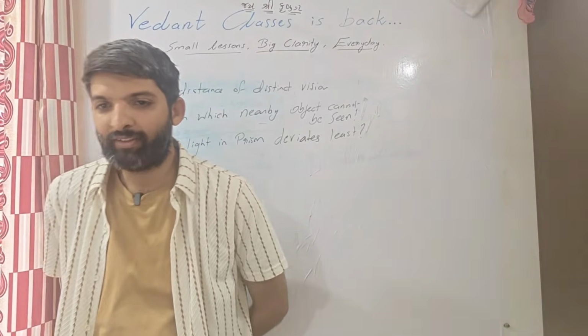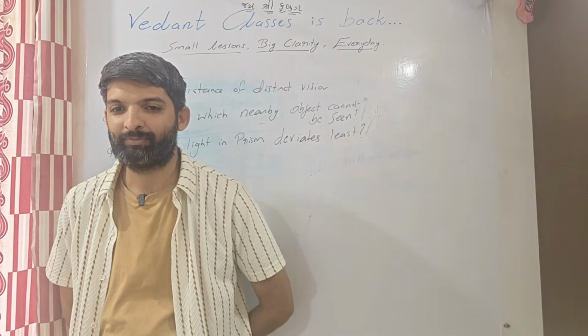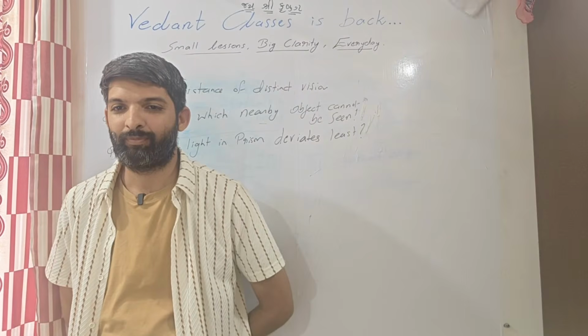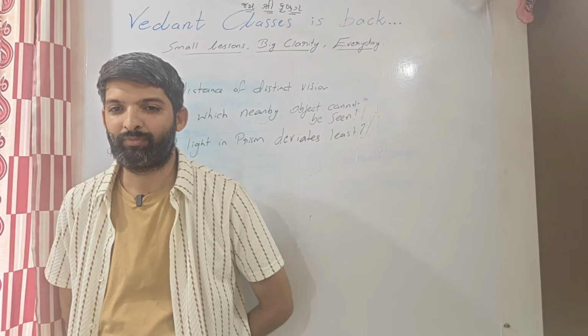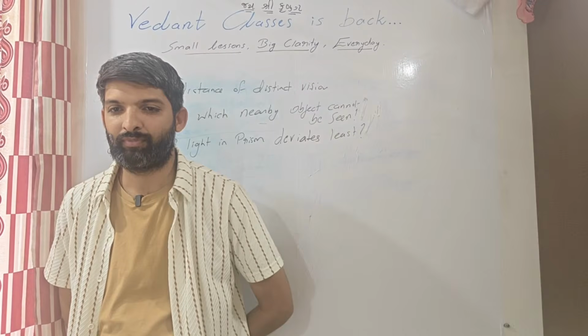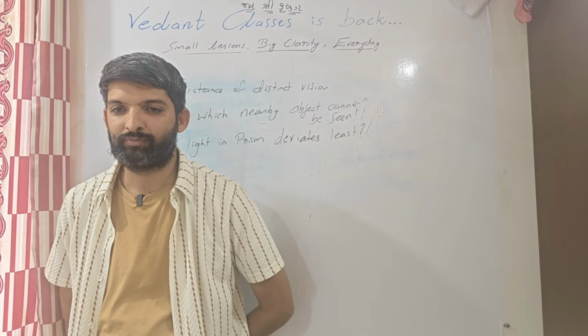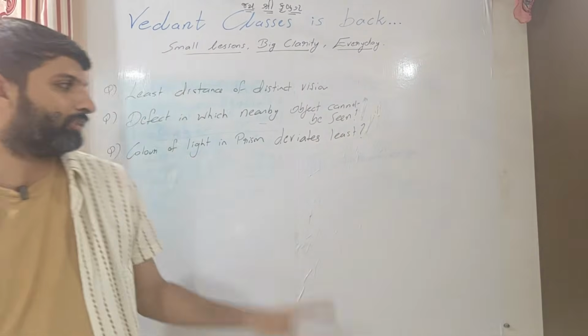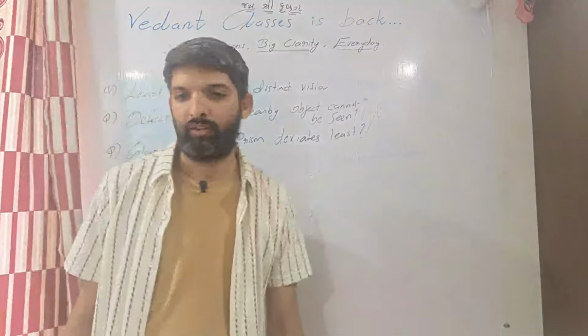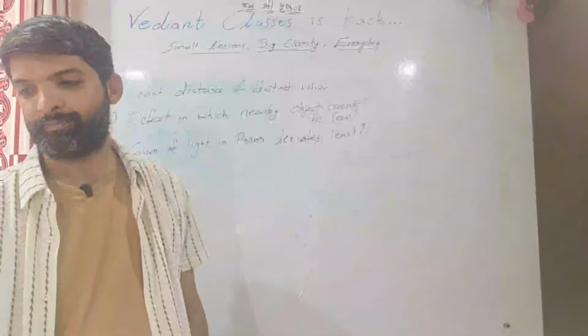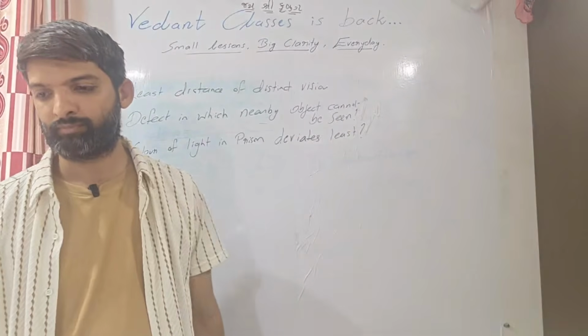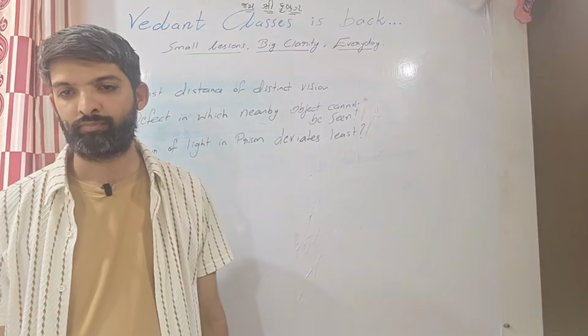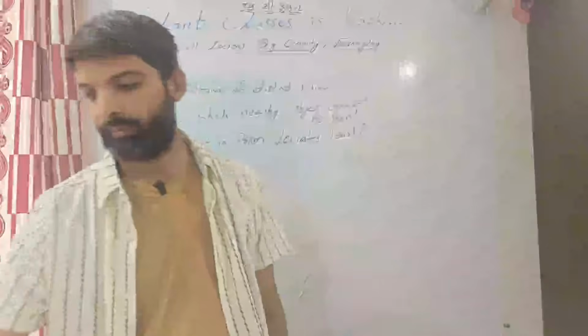Which color of light deviates least while passing through a prism? That is the right answer. Perfect, simple.